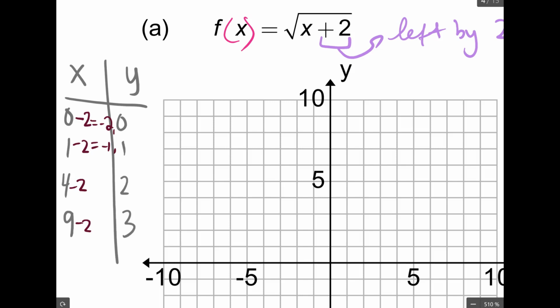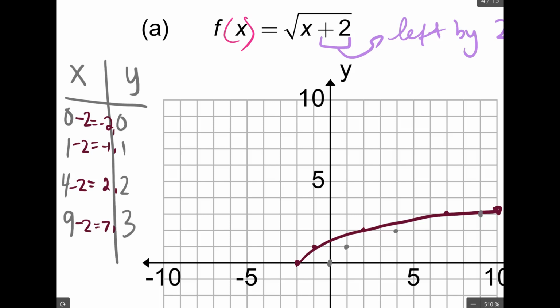So then I have my new coordinates: negative 2, 0, negative 1, 1, 2, 2, and 7, 3. Everything is moved over 2 places, because remember, my original graph is 0, 0, 1, 1, 4, 2, 9, 3.